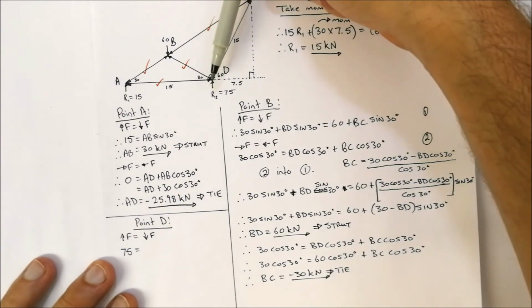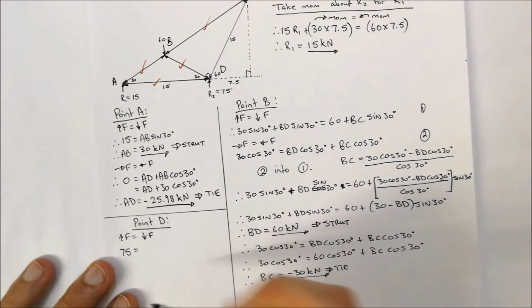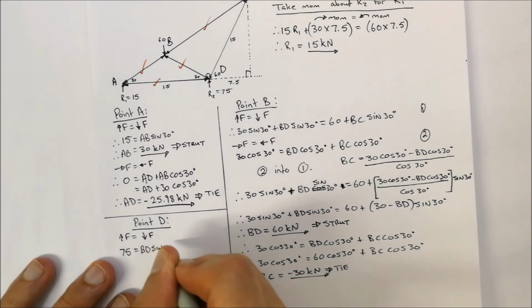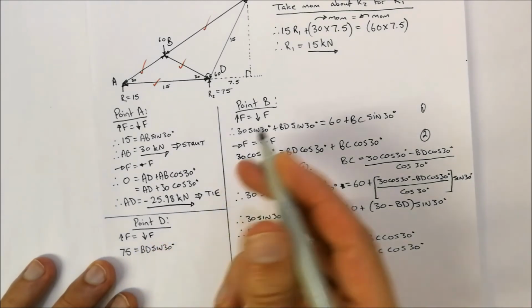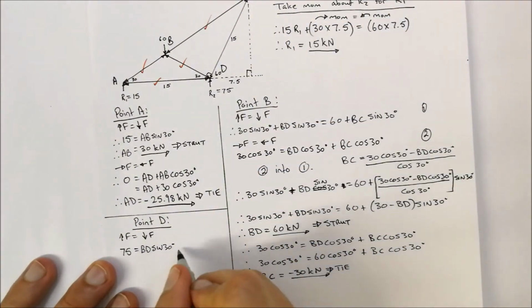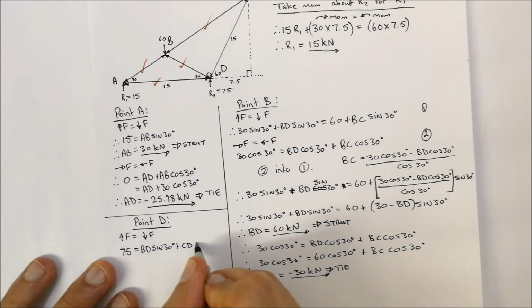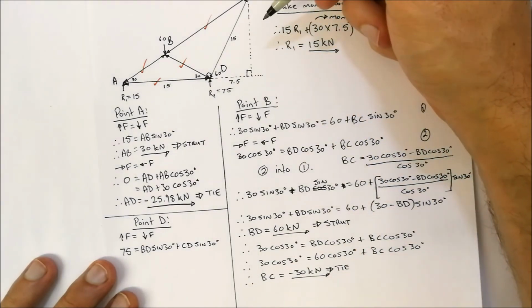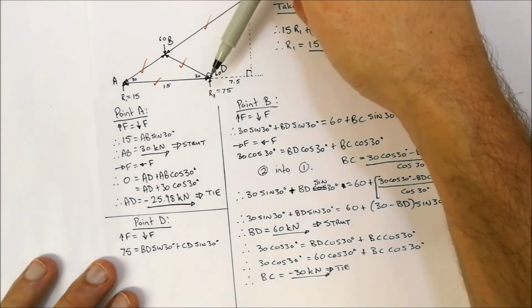BD that's going to be acting downwards to some degree. Okay, so that is BD sine of 30 degrees. And then we're also going to have CD acting downwards over there. So plus CD sine of 30 degrees. Is it 30 degrees? Okay, so we've got CD acting down that way.